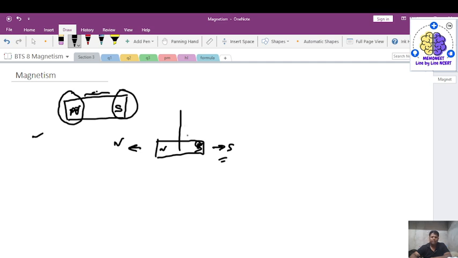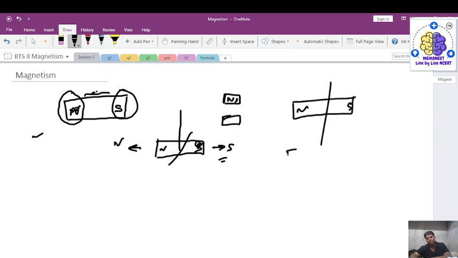The third property is that if I break this magnet into two parts or more, every part will have a north pole and a south pole, right? This magnet will always have both poles in every part. Suppose this is a magnet, here it is north and here it is south, and you break it from here.